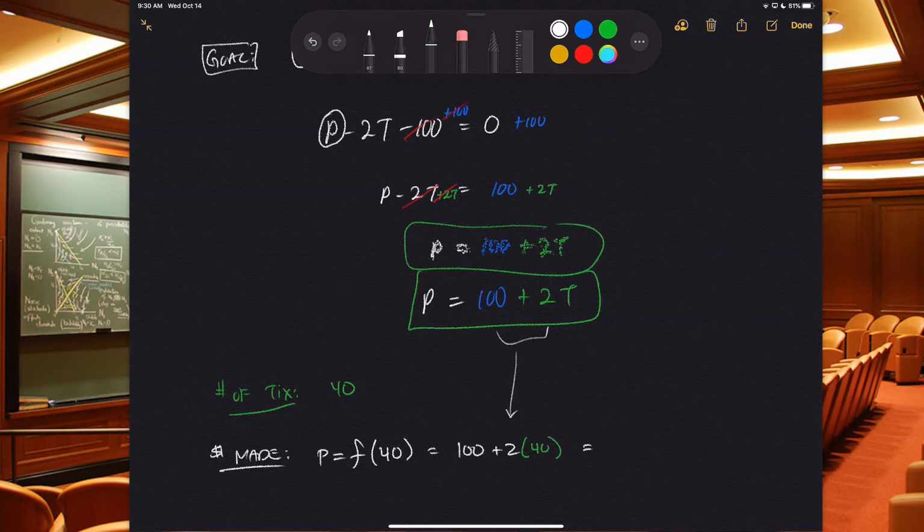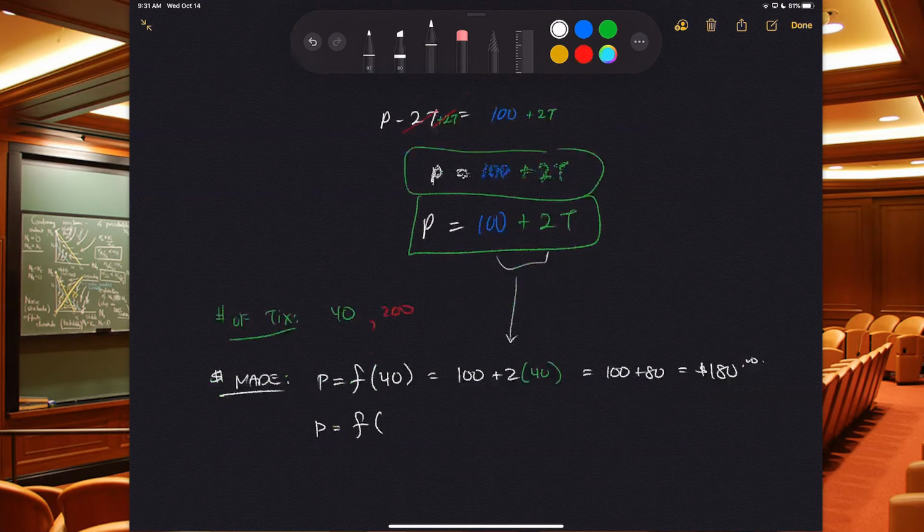And so that's 100 plus 80 equals $180. I could do that with any input and output, right? If I sold 200 tickets, the amount of money made for 200 tickets would be 100 plus 2 times 200, which equals 100 plus 400, which is $500.